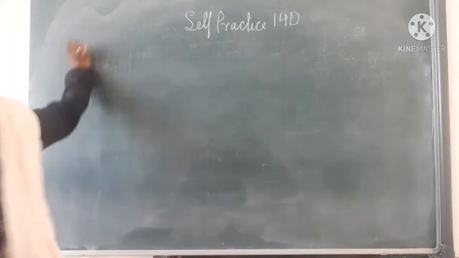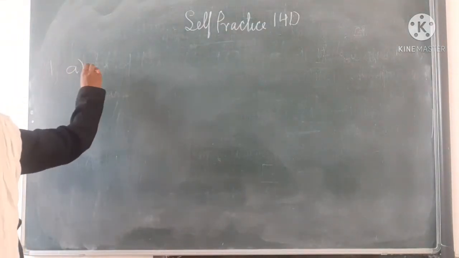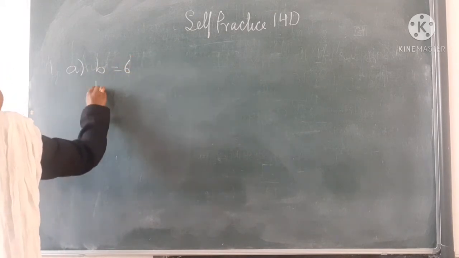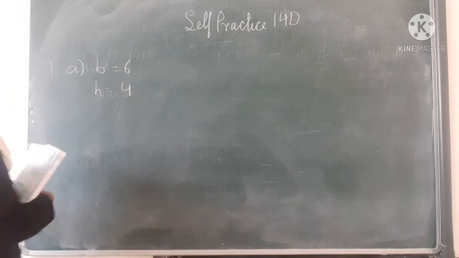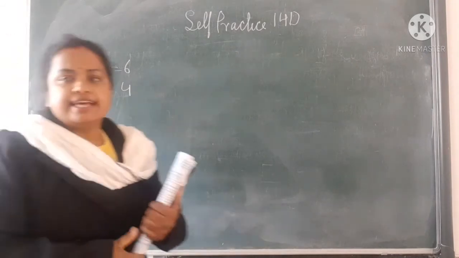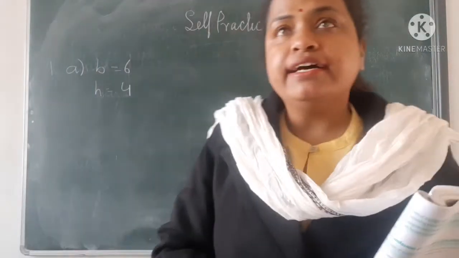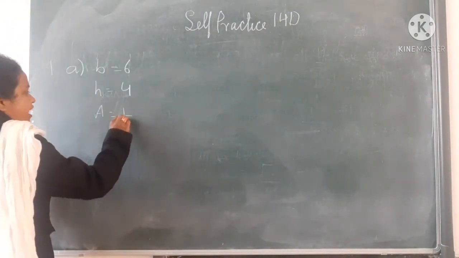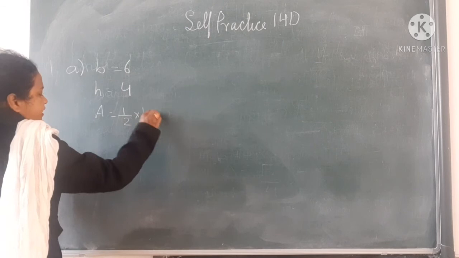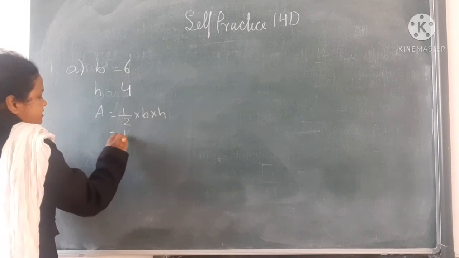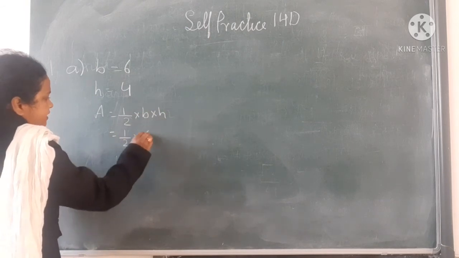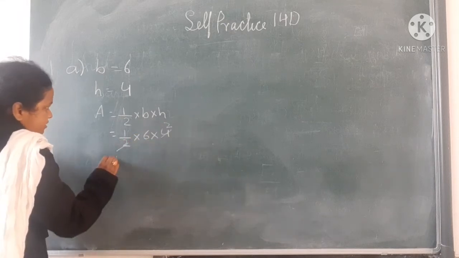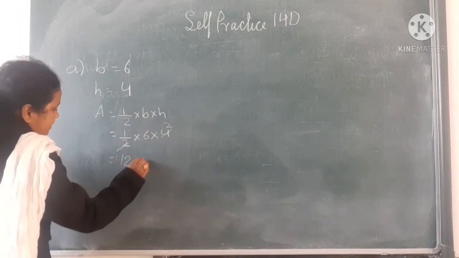So question number 1, A part, you have base as 6 and height as 4. Now you have got base and height, so you have to find the area. Area is half into base into height, that is half into 6 into 4. 2 2s are 4, 6 2s are 12.